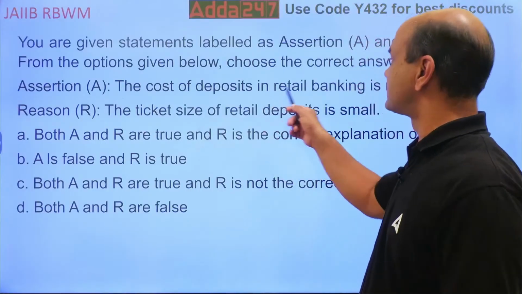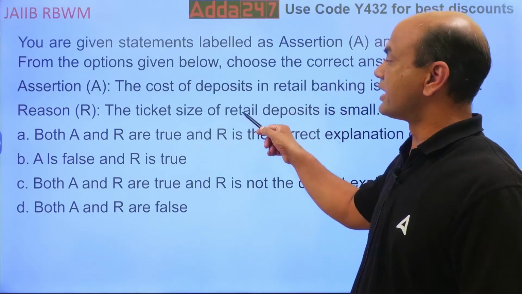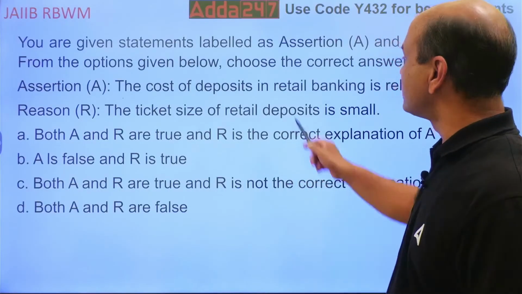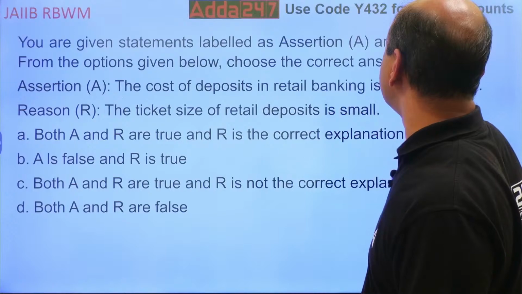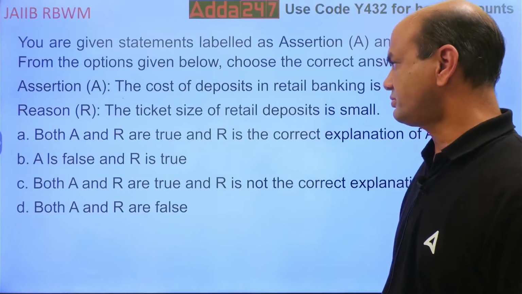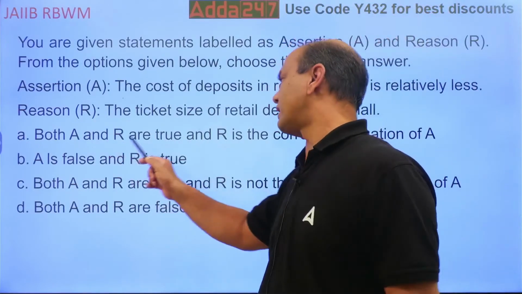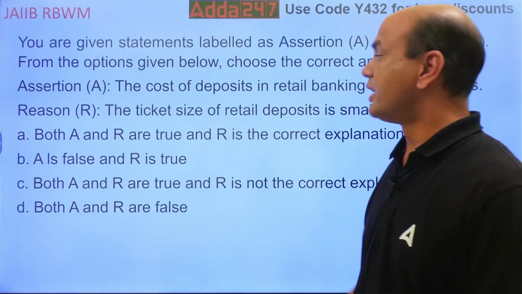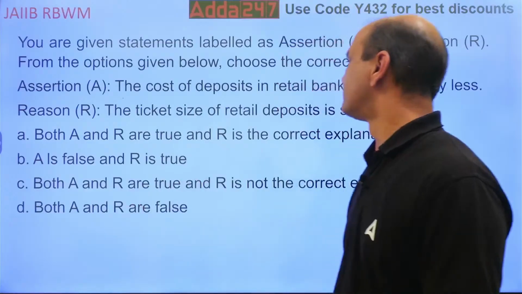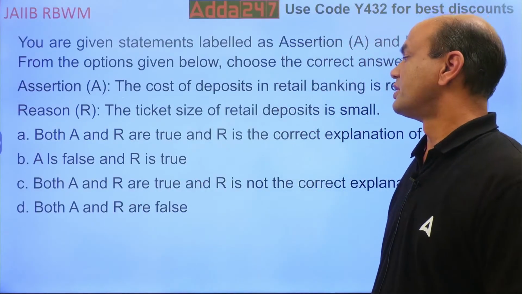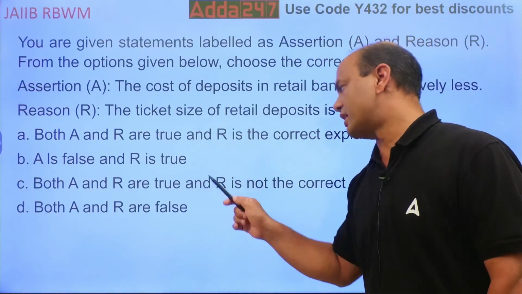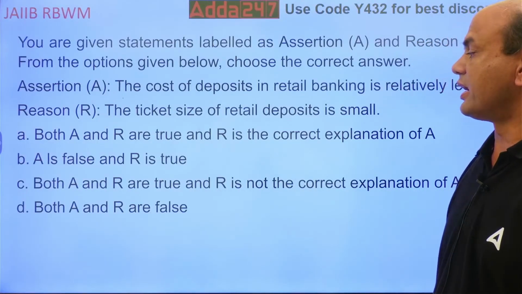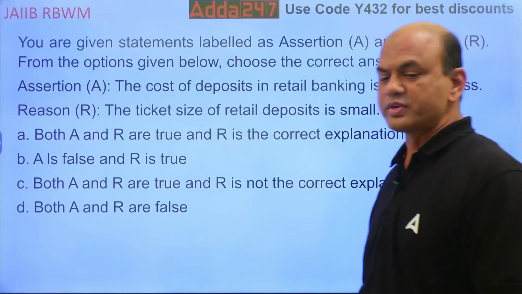The options: both A and R are true, and R is the correct explanation of A. A is false, R is true. Both A and R are true, and R is not the correct explanation of A. And A and R are false. So which one is correct over here?